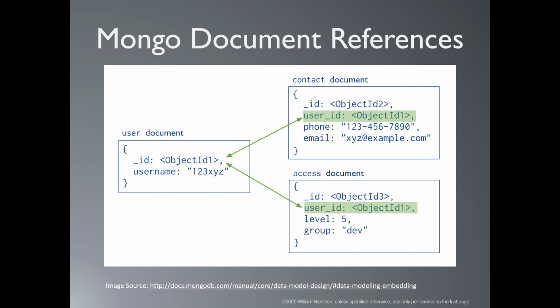So, basically what happens is if I look up this access document, I can add the parameter to populate this document or this particular field within this document.